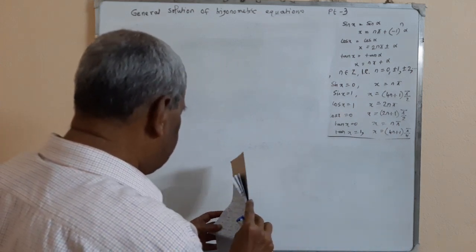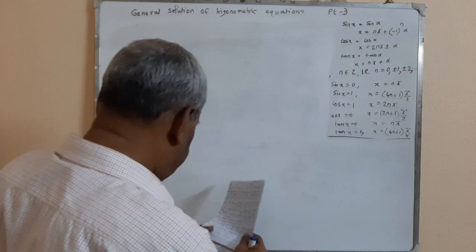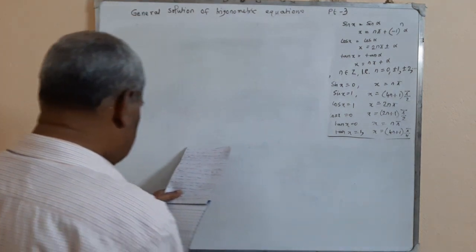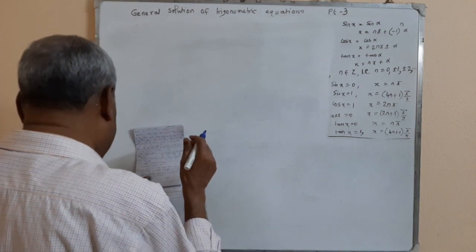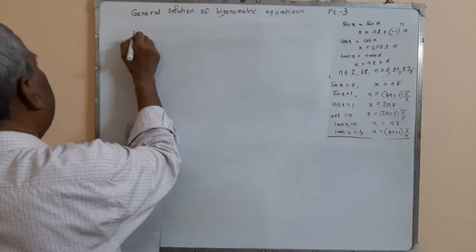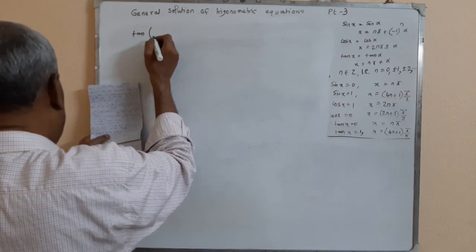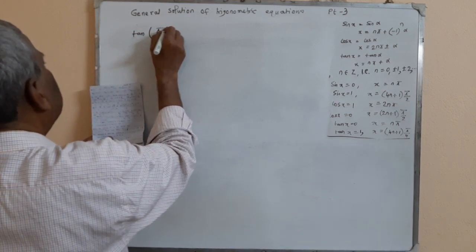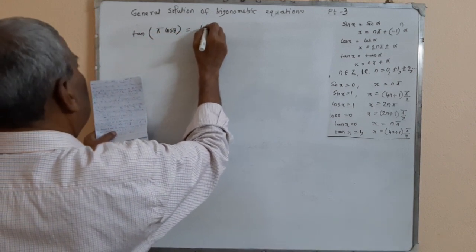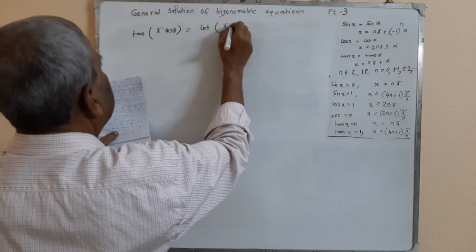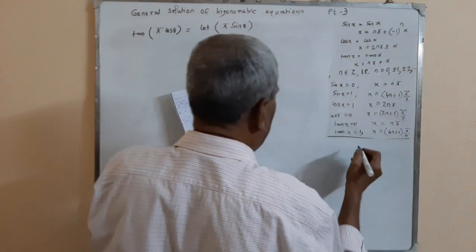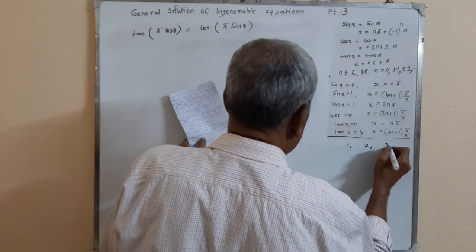The number of possible values of n in general solution of tan of pi cos theta is equal to cot of pi sin theta is, options are 1, 2, 3, 4.